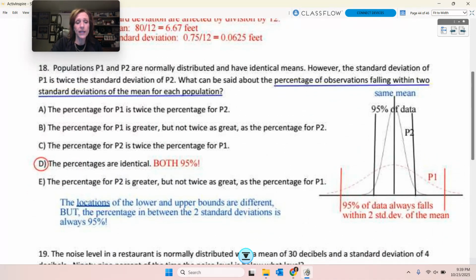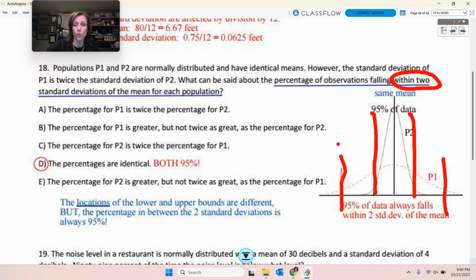All right, so this one's interesting. Here we have 2 different populations, and they have different standard deviations, so they are differently spread out. You can see this picture here. But the key is, if both percentages of observations fall within 2 standard deviations, it's not asking what's the context out here, which would be different.